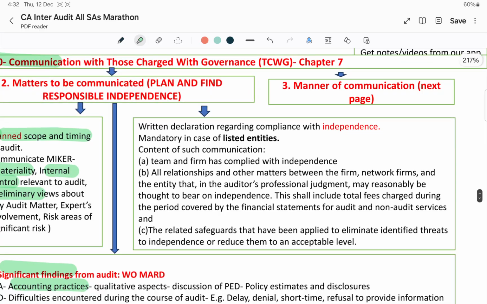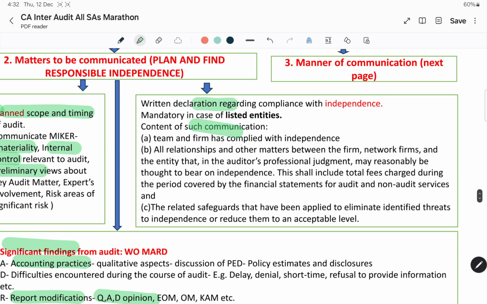The third is manner of communication. Written declaration regarding compliance with independence is mandatory in case of listed entities. Content of such communication: first, the team and the firm have complied with the independence requirements. All relationships and other matters between the firm, network firms and the entity that in the auditor's professional judgment may reasonably be thought to bear on independence.